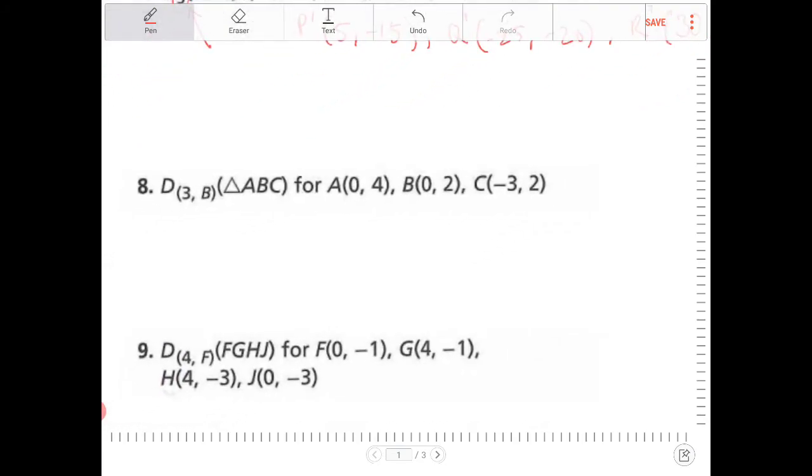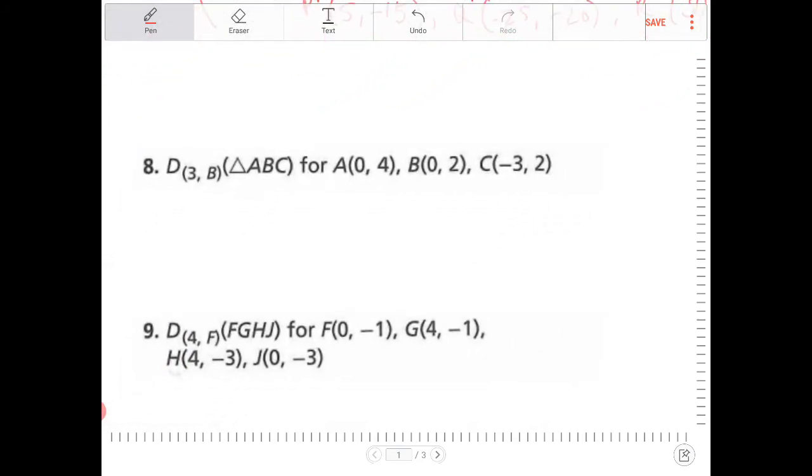Okay, so here in this case we're not as lucky because now they're telling us to dilate it by a factor of 3 over point B. So we can't just multiply all the coordinates by 3 because we're not dilating over the origin anymore. So I'm going to draw myself a makeshift graph here.